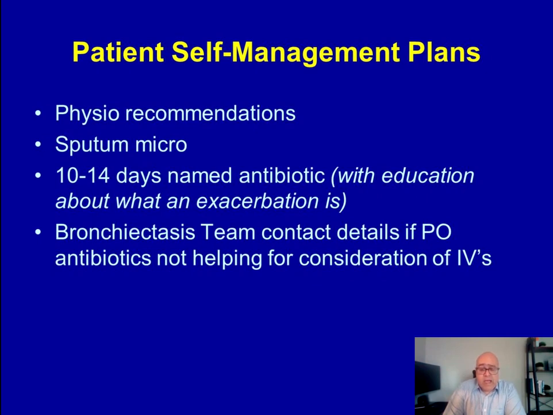And then clearly, it's important that patients are given contact details for specialist bronchiectasis teams, particularly if those oral antibiotics are not helping and we might be considering IV antibiotics as the next step.